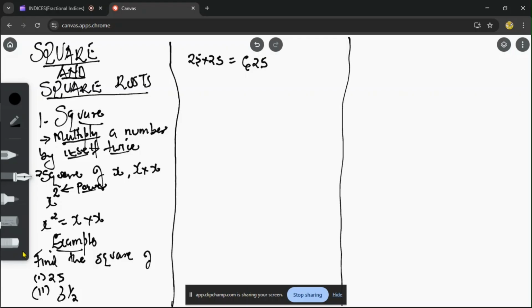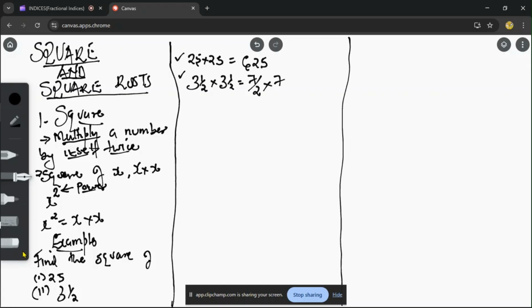So I have gotten the square of 25. Roman 2. The square of 3.5 simply means that you take 3.5 and multiply by itself. The easier way is to convert this into an improper fraction: 3 multiplied by 2, then you add 1, which gives you 7 over 2.